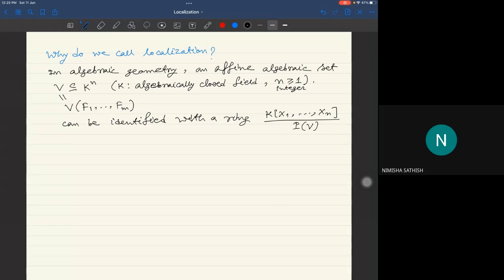So in this way, on one side you have the affine algebraic set V, a subset of k power n, and on the other side you have coordinate rings.